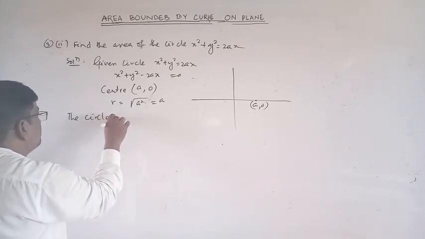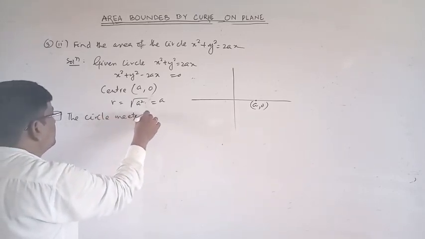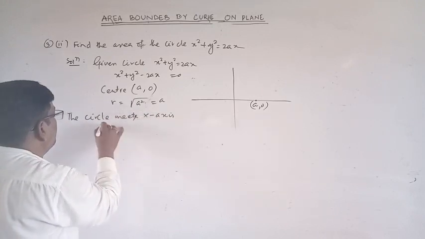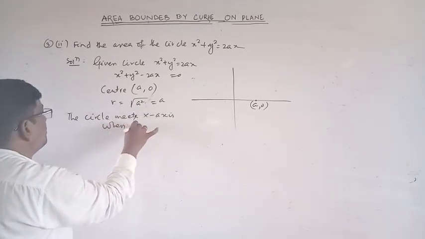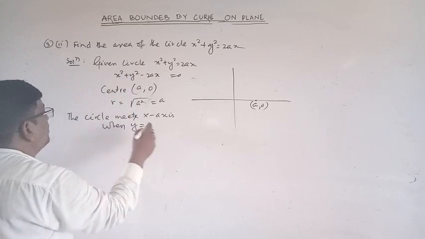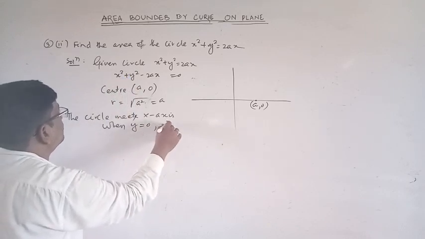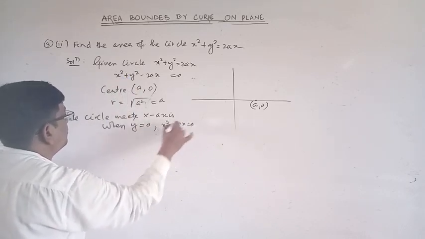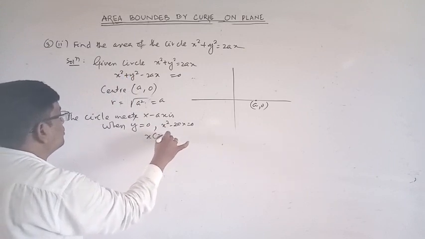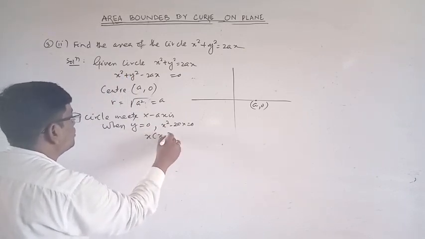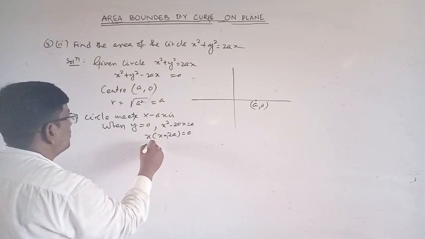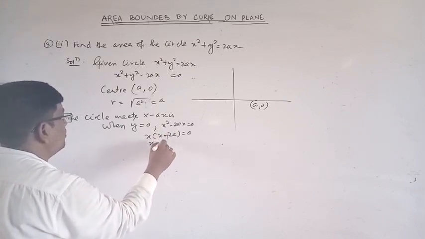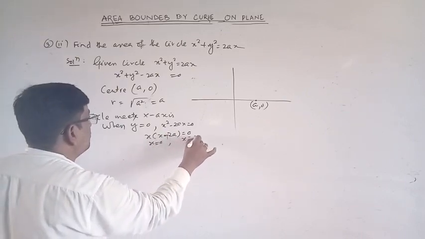Circle meets x-axis when y coordinate is equal to 0. So put y equal to 0 here. That implies x square minus 2ax is equal to 0. x common, x minus 2a is equal to 0. So x is equal to 0 and x is equal to 2a.